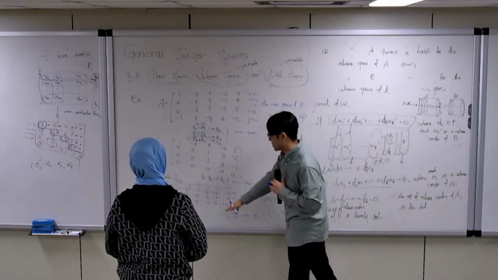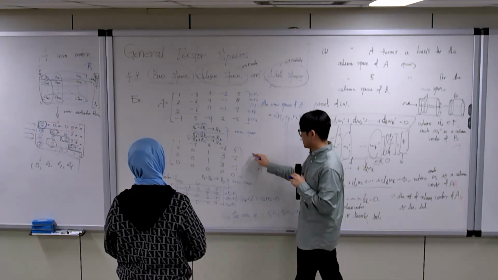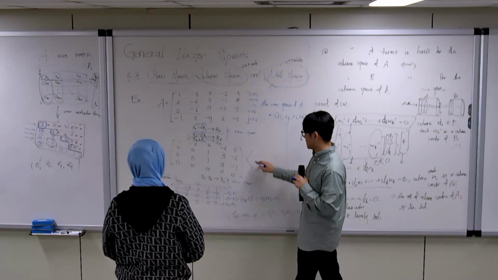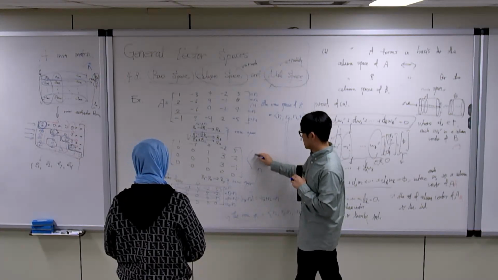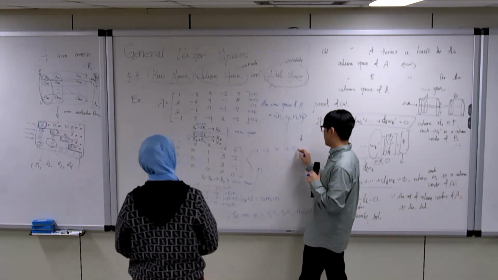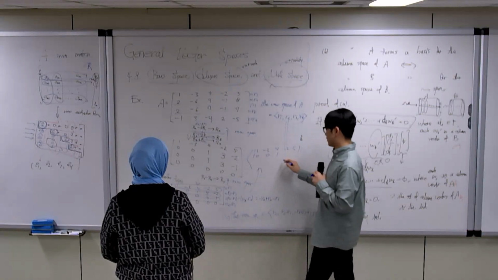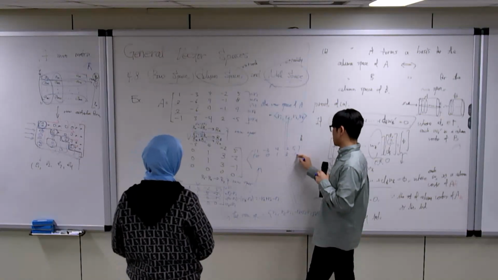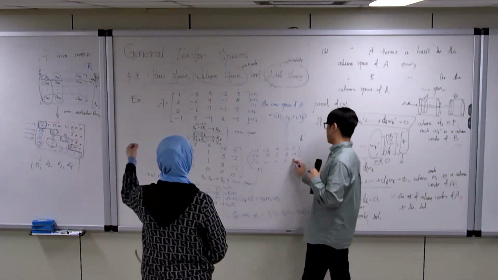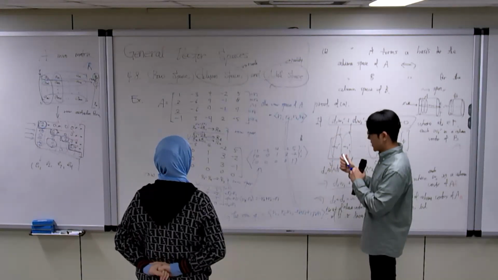In your case, the row vector space is 1 and 3, 4, and 2, 5, and 0, 0, 1, 3, minus 2, 0, 0, 0, 0, 1, which is the row space of A.